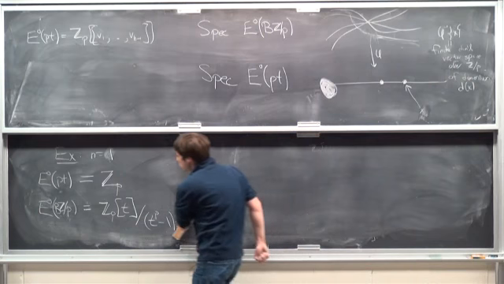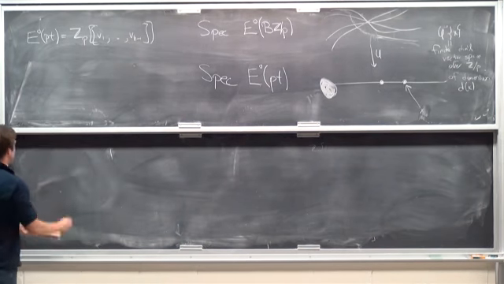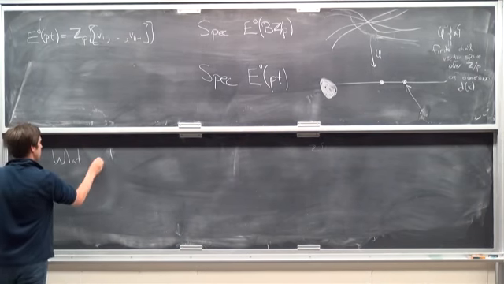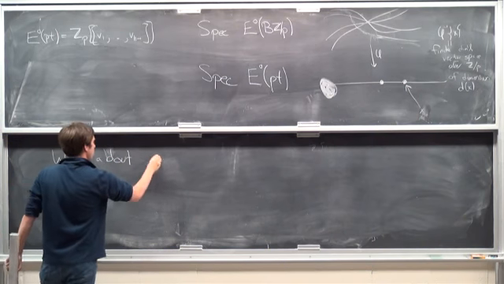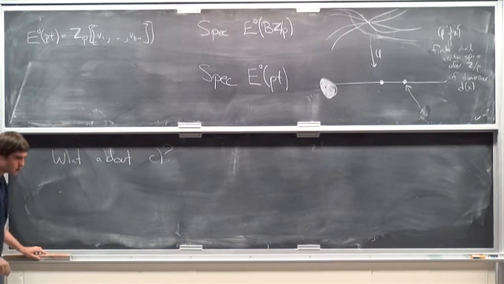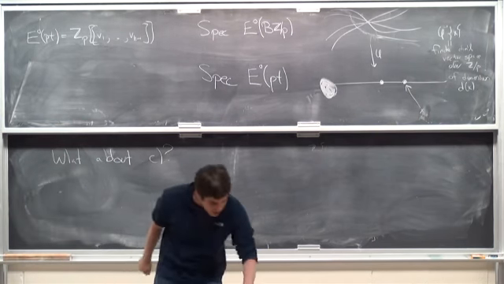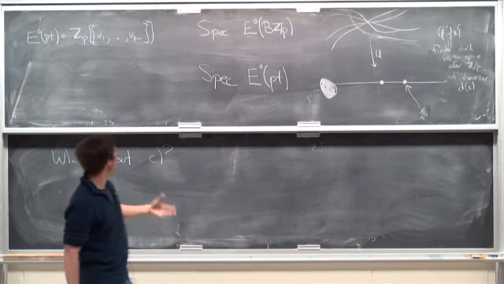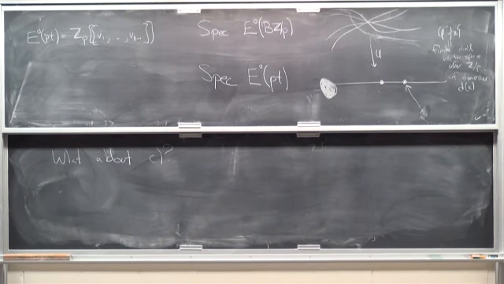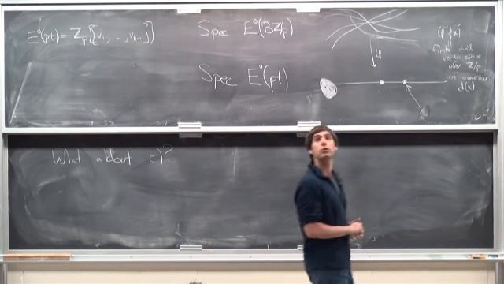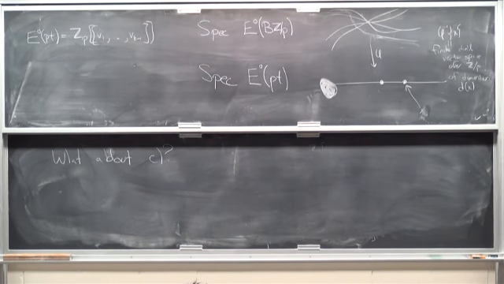All right, so now what about C? Well, that's where the real theorem is. So now I've given you a definition, and now I want to say something interesting about it. This is where my lecture is going to dovetail with what I was talking about last week.